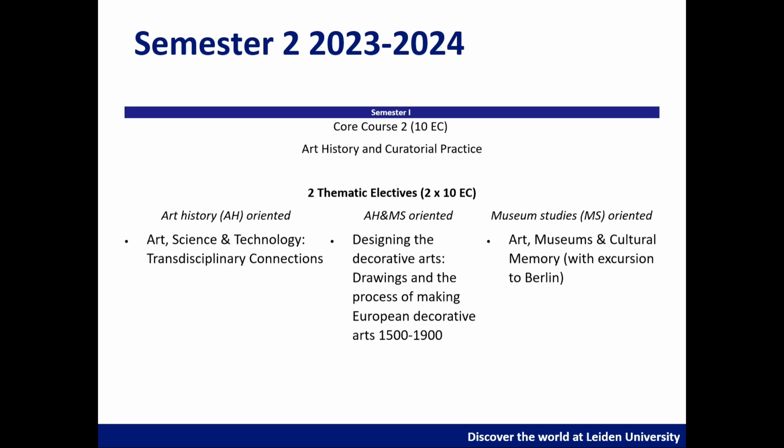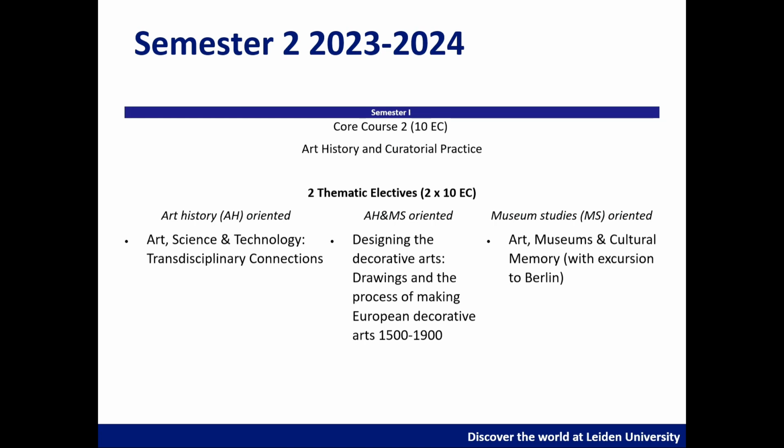At Leiden, we have a very long and strong tradition of decorative arts. This course is taught by the head curator of decorative arts at the Rijksmuseum, and it concentrates not only on the decorative arts but, for example, on what we call the biography of an object. So how did an object end up in a certain collection?